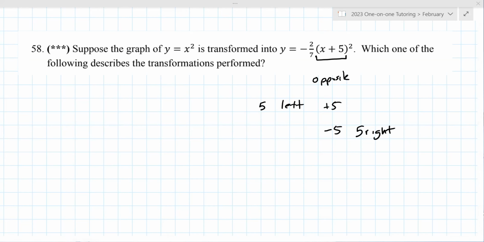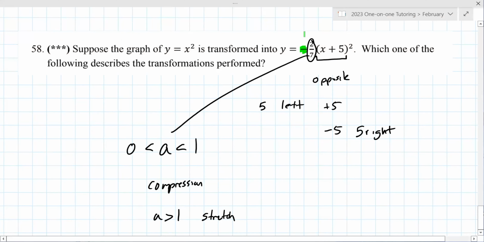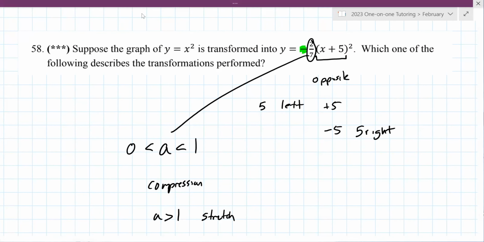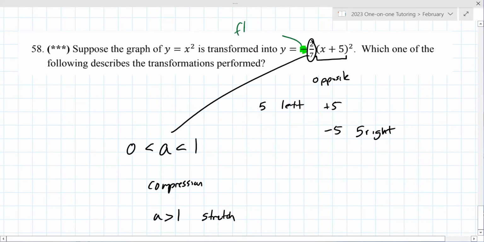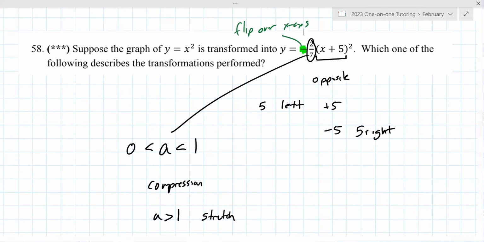The last thing is that this negative out in front is always going to flip over the x-axis. And a negative next to the x inside the parentheses would be a flip over the y. That's right, I was going to get to that.